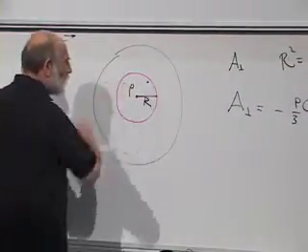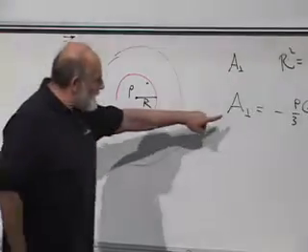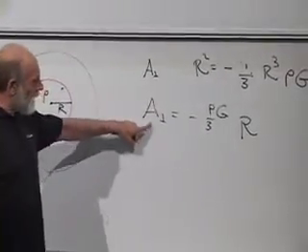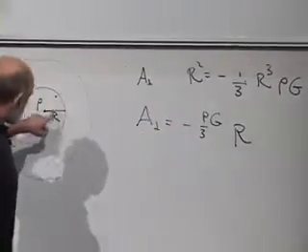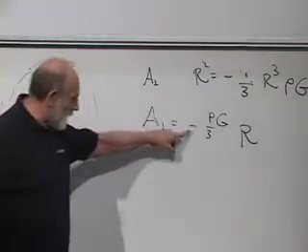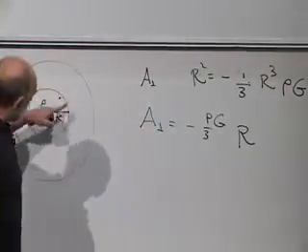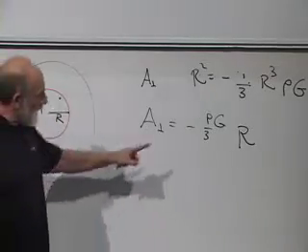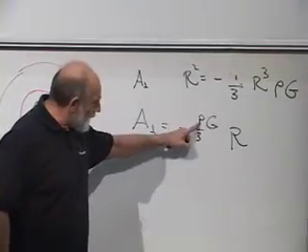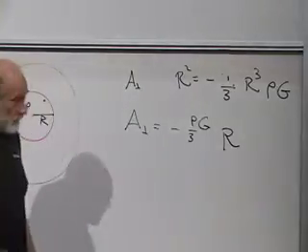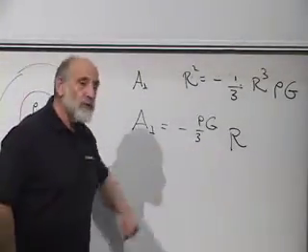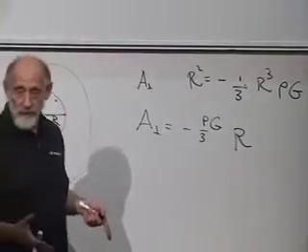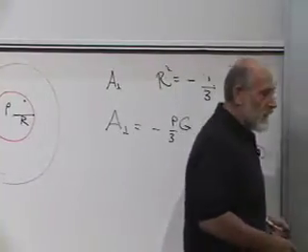We drop a particle, what does it do? Well, it experiences an acceleration which is toward the center. That's the minus sign here. The perpendicular component of A is negative. That means it's toward the center. It's got some constants in it, rho, G, and 3. Those are just numbers. But it grows linearly with the distance from the center of the Earth.